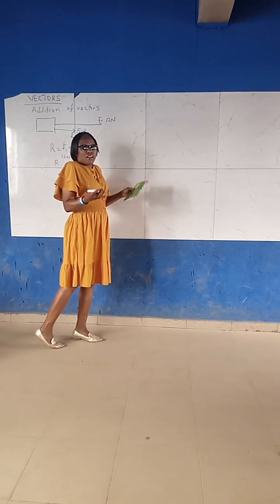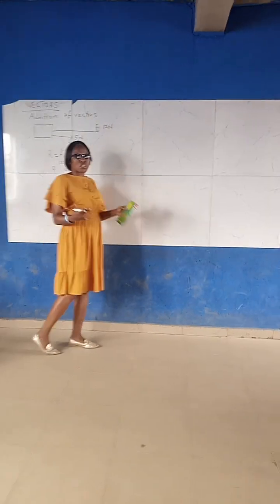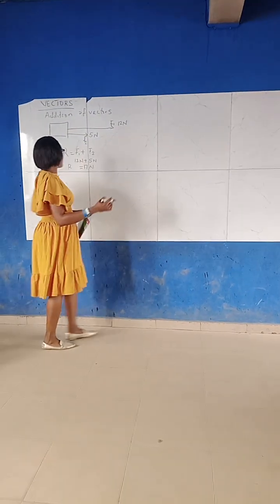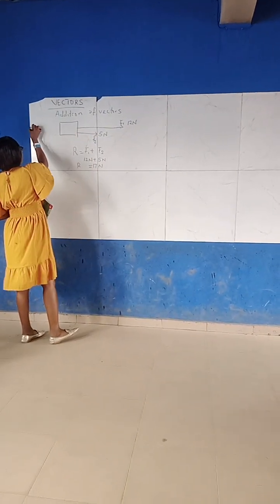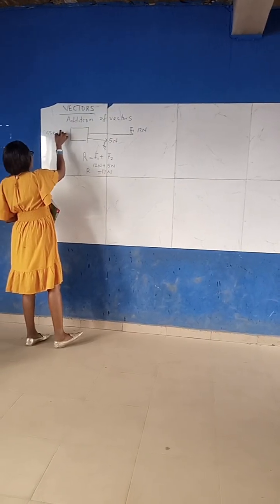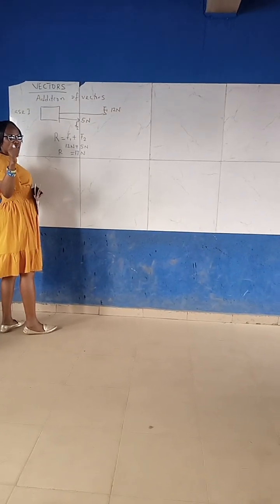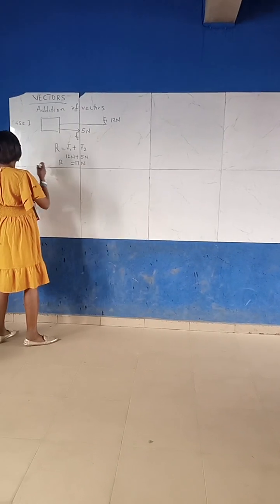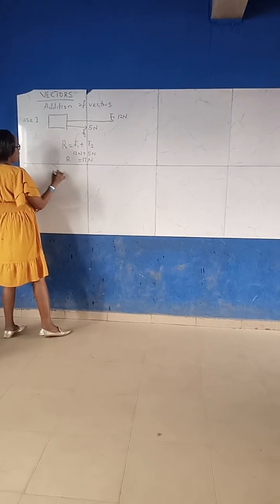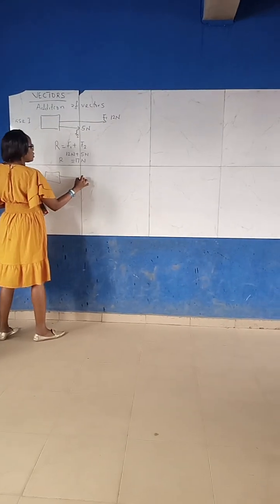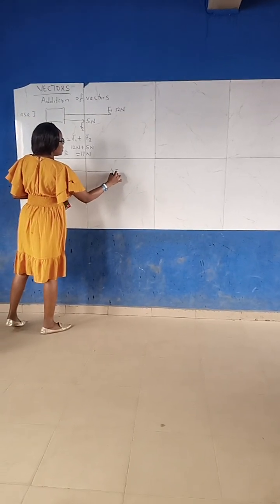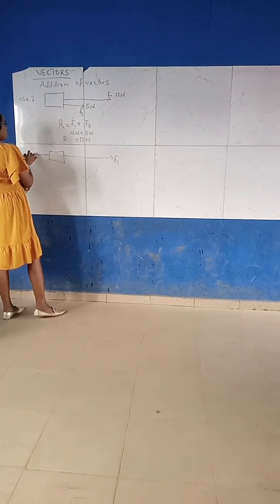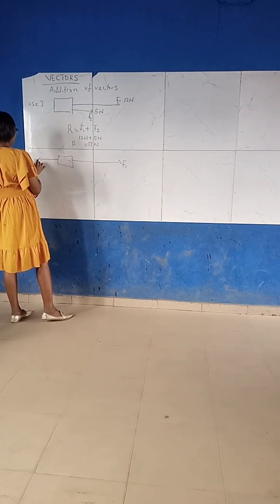Now, we have another case when you have two vectors traveling in opposite directions. Case 2, when you have two vectors traveling in opposite directions. Let's say, for example, you have the first vector F1 traveling this direction, force 2 traveling this direction.